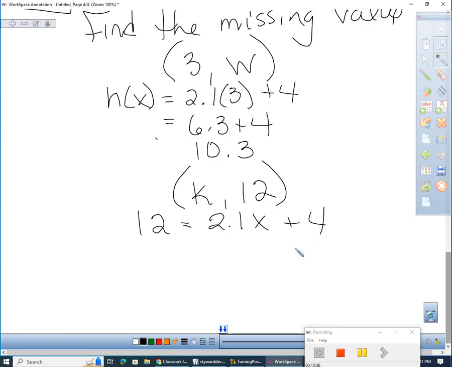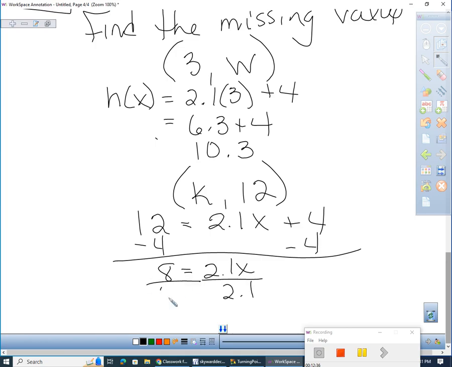To solve this, I would subtract 4 from both sides. So we get 8 equals 2.1x. And then what? Divide. And what do we get for my x/k value? 3.81. Okay. All right, we'll say 3.81.